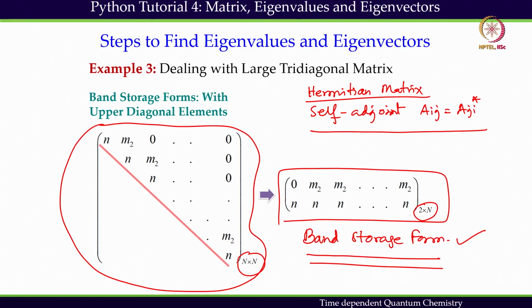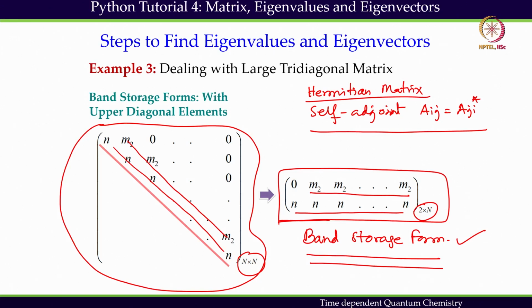There are two ways one can store the tridiagonal matrix in the band storage form. One is with the help of the upper diagonal elements. We know that this is the diagonal element and this part is the upper diagonal element. So, with the help of only the upper diagonal elements I can store it, and the way I can store it is the following: first would be 0 and then the upper diagonal elements, and then the diagonal elements.